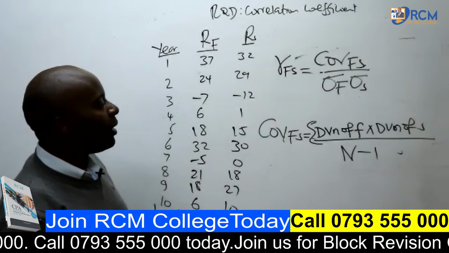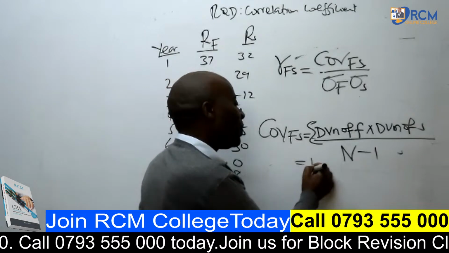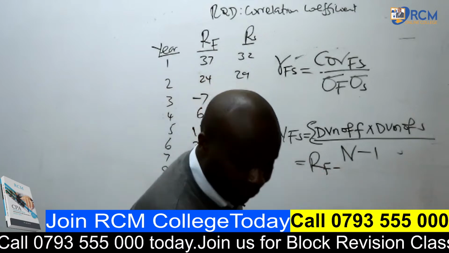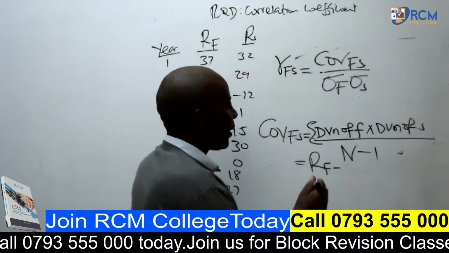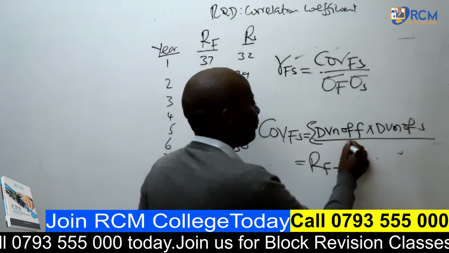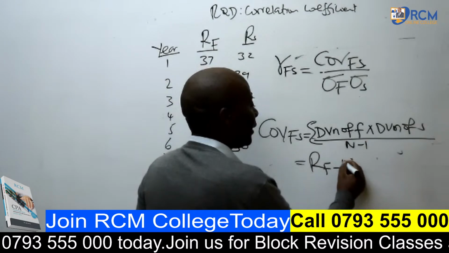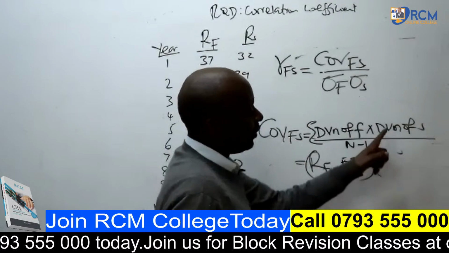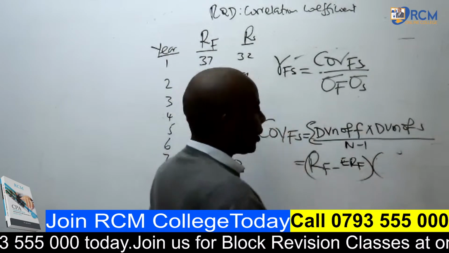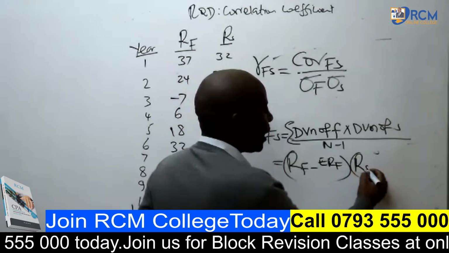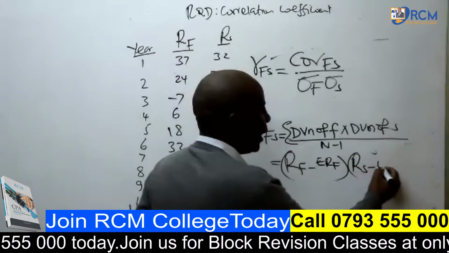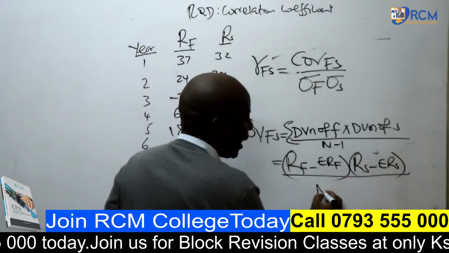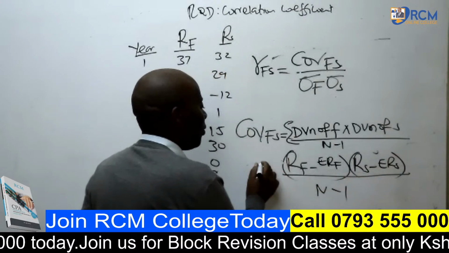Remember, the deviation of F is the actual return of F minus the expected return of F, multiplied by the deviation of S, which is the actual return of S minus the expected return of S. Then everything is divided by n minus 1, but not before you sum.